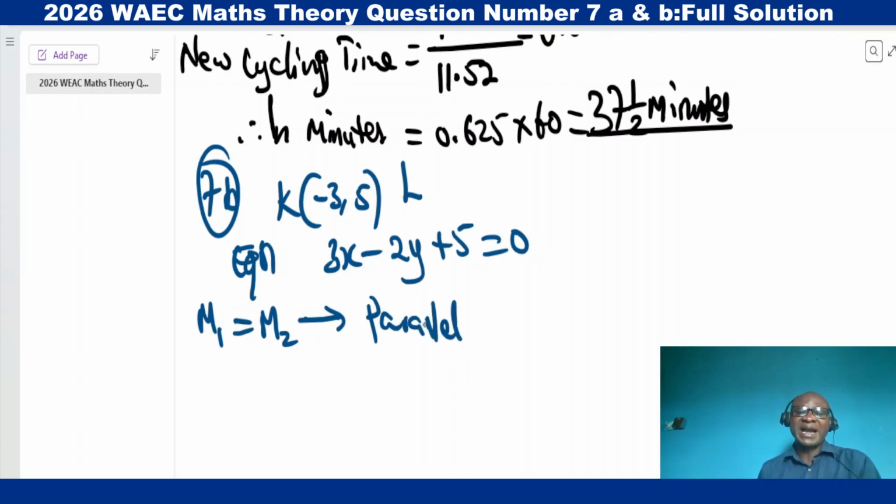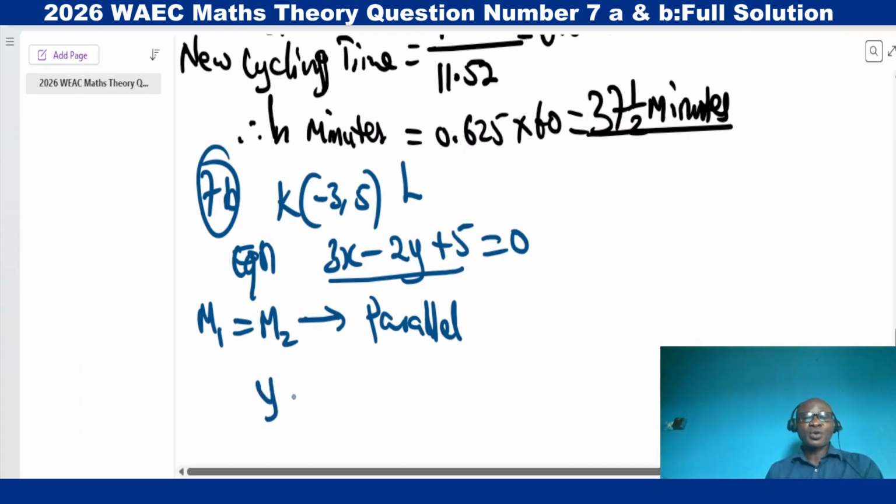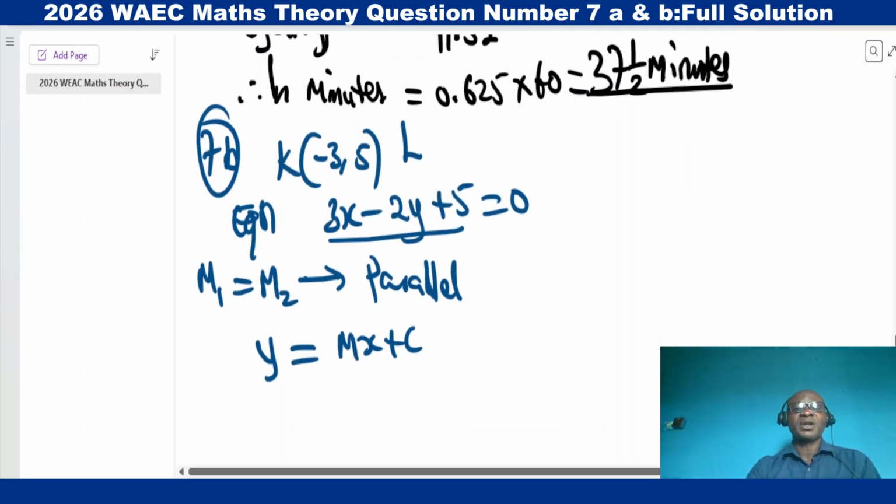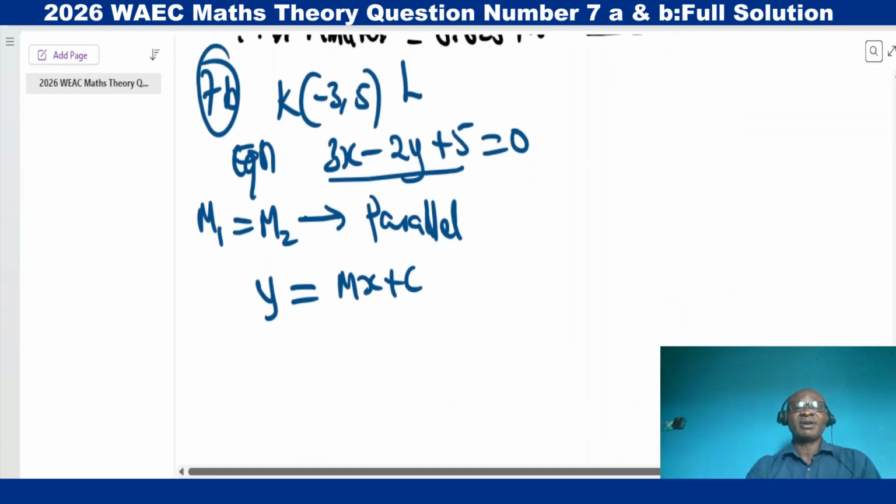Going by this fact, we first find the gradient of the equation given to us, using y equal to mx plus c, the equation of a straight line in gradient form, where m represents the gradient.